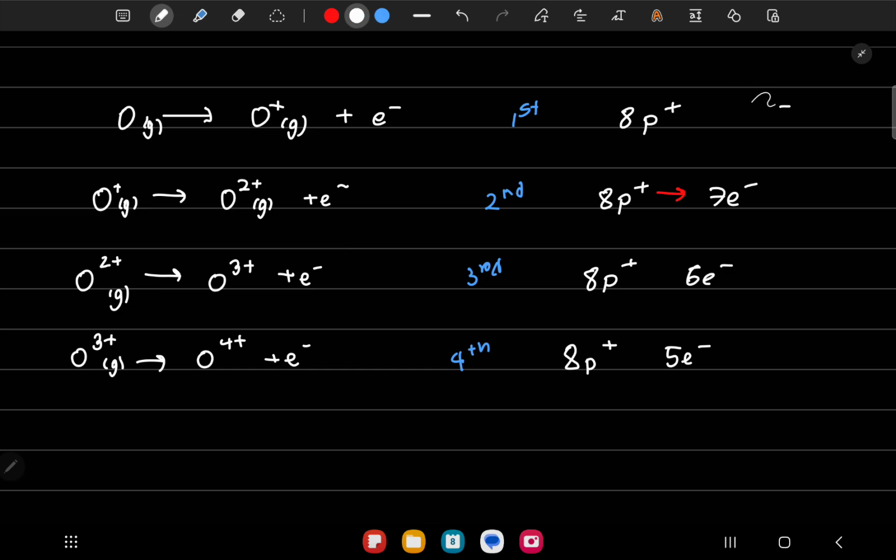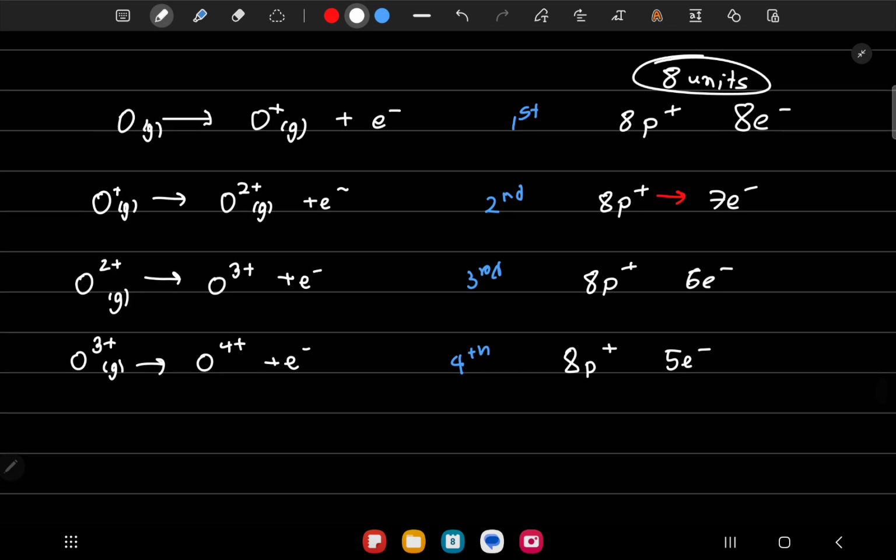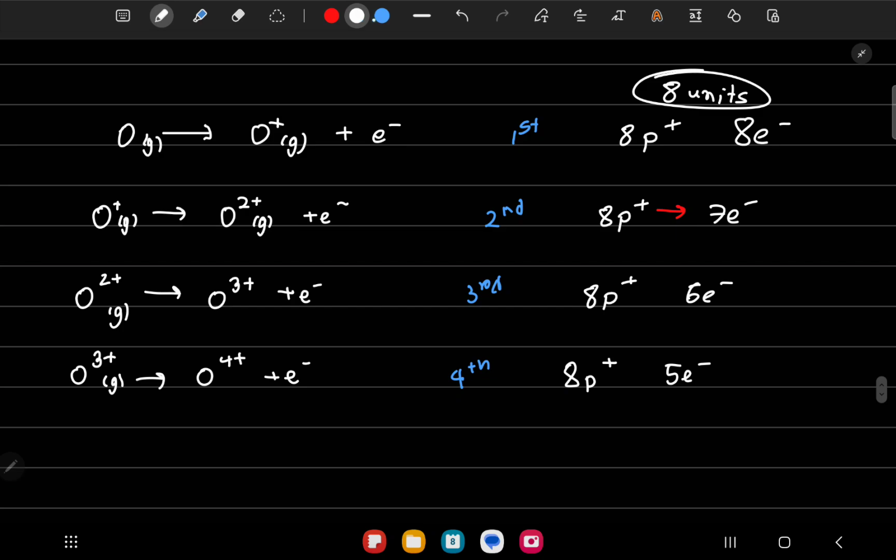In this case you could think 8 protons were attracting 8 electrons with 1 unit each, so they had a total of 8 units of attraction. These aren't actual things, I'm just trying to visualize this concept. So even now if I have 8 units of attraction, I have 7.